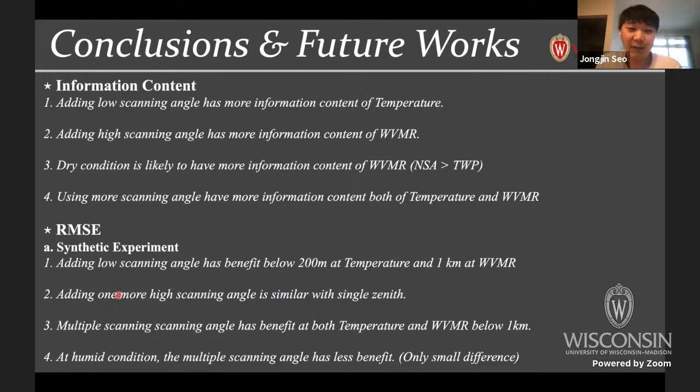But when we compare single angle and multiple angles, there is no huge difference. So adding one more high scanning angle shows a similar result to a single angle. And multiple scanning angles have benefit at both temperature and water vapor mixing ratio below 1 kilometer. And we can see the same result with MWR.